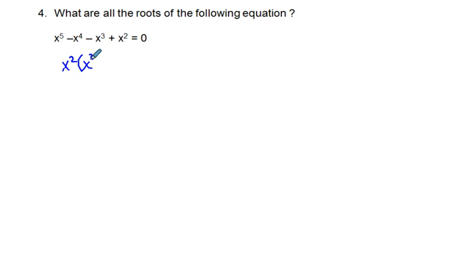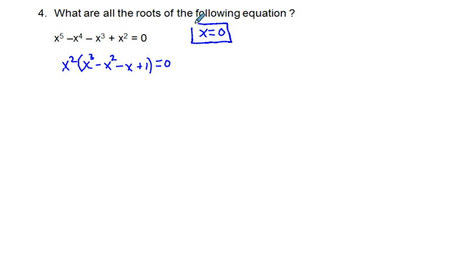And then next we have minus x squared. Then we have minus x plus 1 is equal to 0. So we know that x equals 0 is our root because we said x squared equals 0.